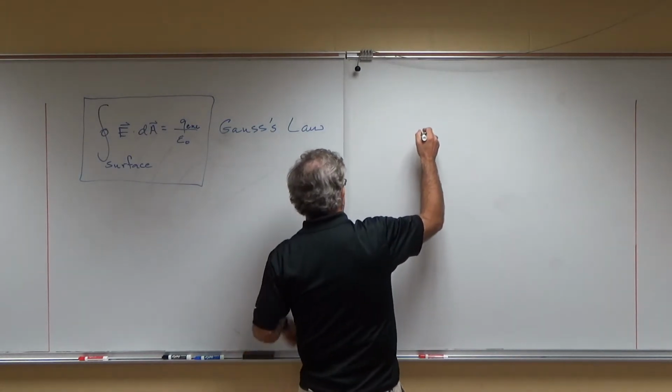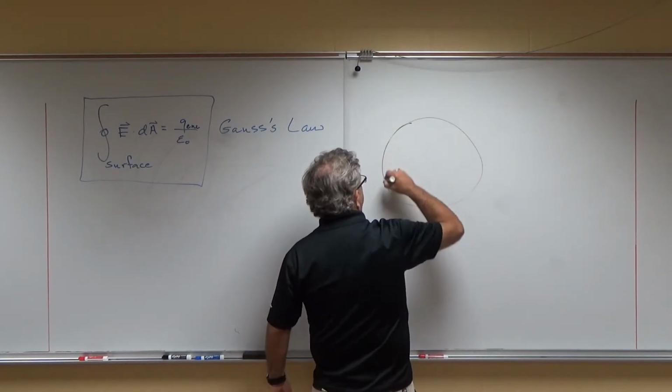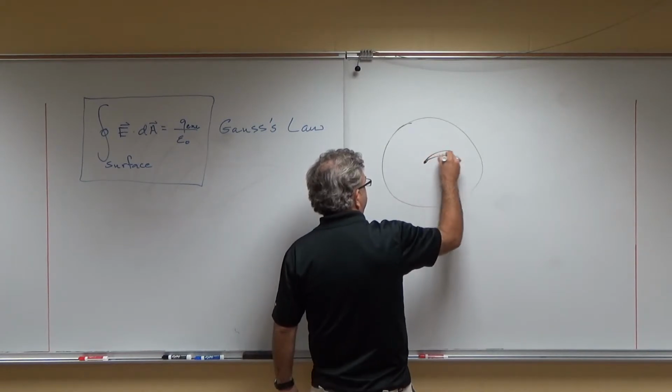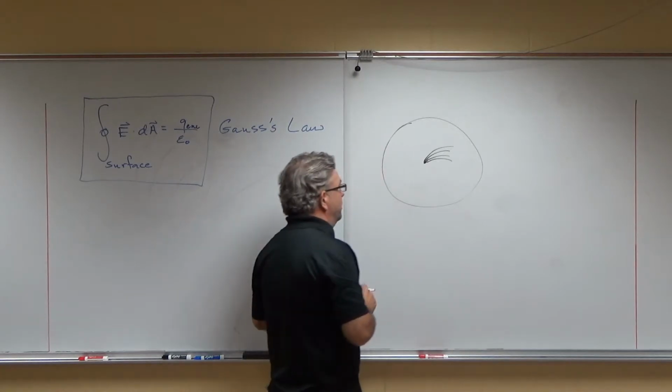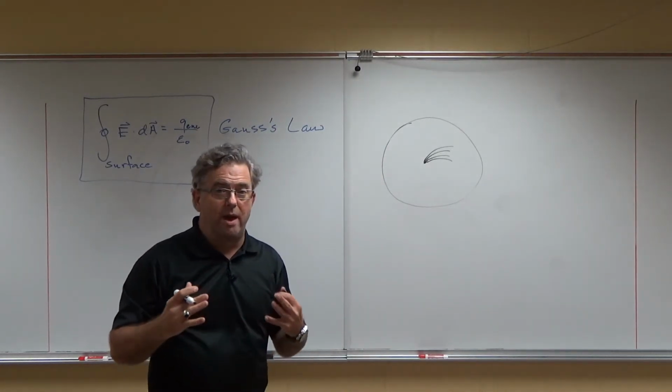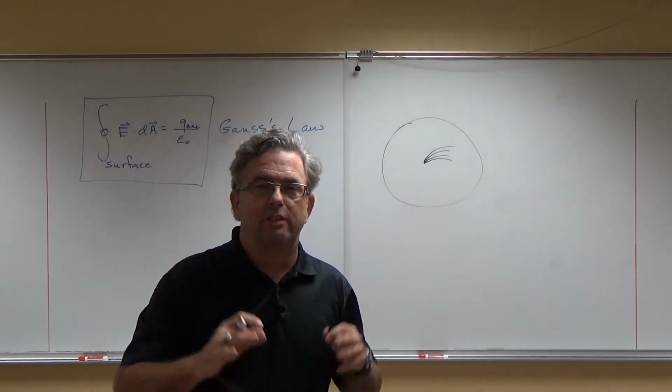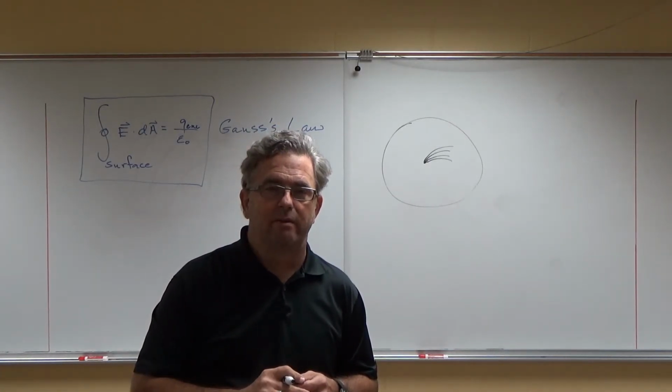Let's say that there's a sphere, and inside this sphere there is a fountain. This fountain is producing water. Now, where that water comes from, I don't know. It's got an endless supply, and it's producing it at a constant rate.